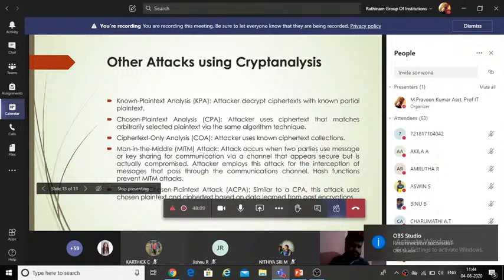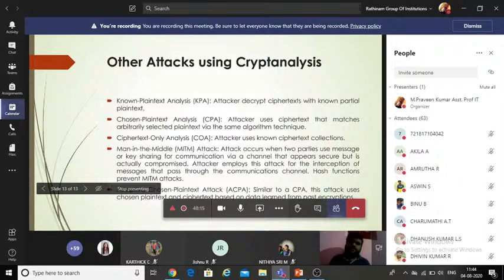Chosen plain text means I have received my ciphertext. My purpose as a cryptanalyst is to break the algorithm or to break that encrypted data. I have received that ciphertext, and I keep it as it is.